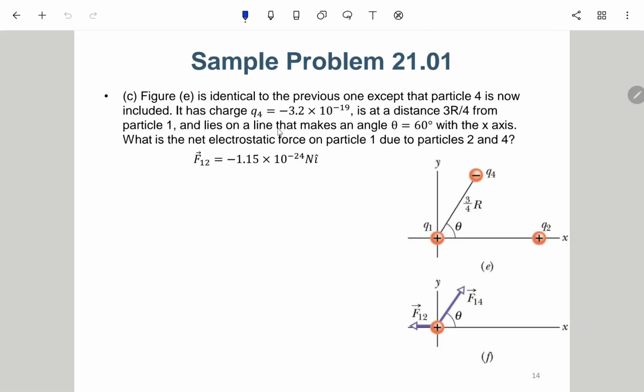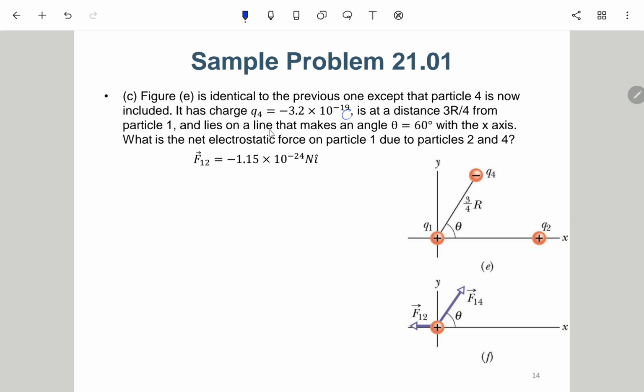Okay, so for question C, the figure is identical to the previous one except the particle 4 is now included. It has a charge Q4 with the same amount, at the distance 3r/4, still the same, but it is not lying on the x-axis anymore.